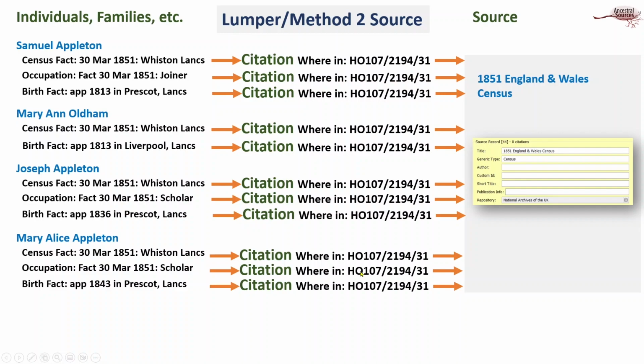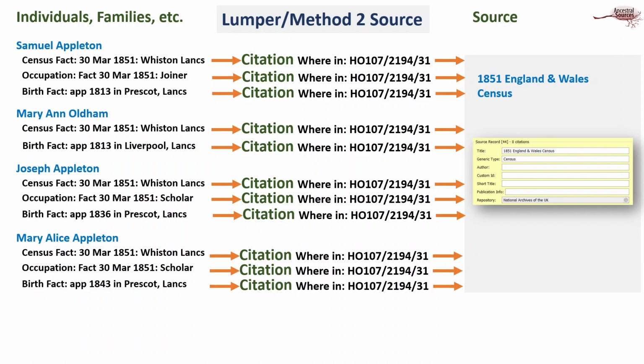And so if, for example, we made a mistake when we entered that data, we would have to edit that data in 11 different places. And that's one of the reasons why I recommend, and other experienced users of Family Historian recommend, using the method 1 splitter sources instead, because you end up with this duplication of data if you're using method 2 sources.